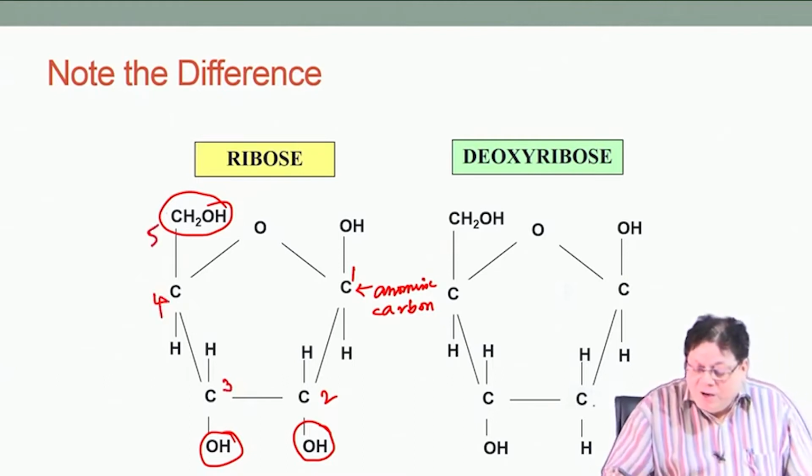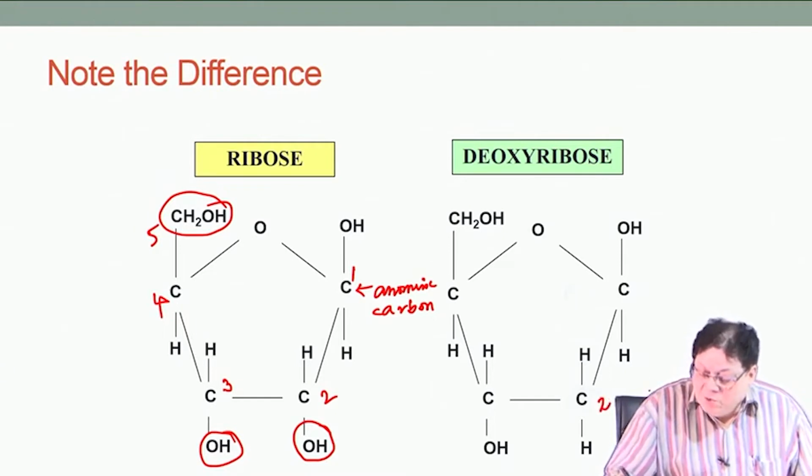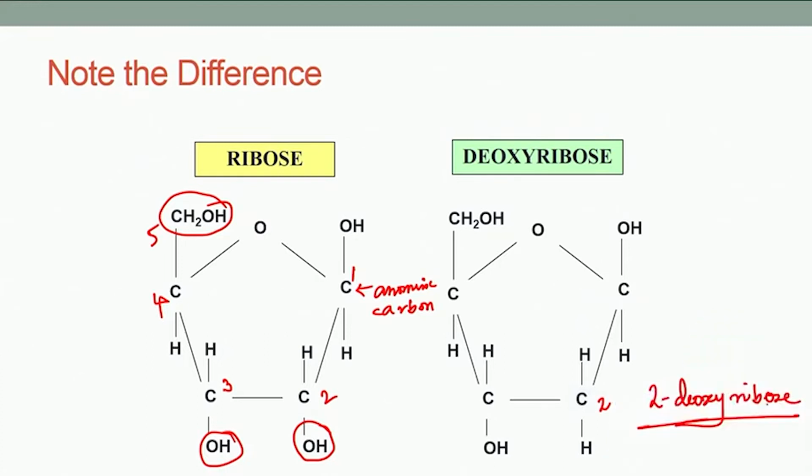So, it is the 2 hydroxy that is gone. So, this is 2-deoxyribose, because there are many deoxyriboses, but the ribose that is used to make the backbone of the DNA is 2-deoxyribose. Okay. So, that is all about ribose.